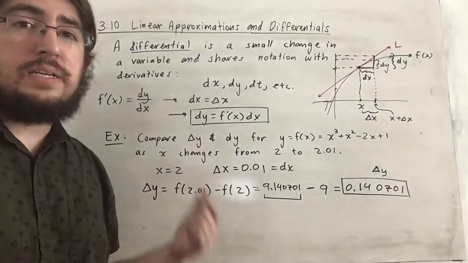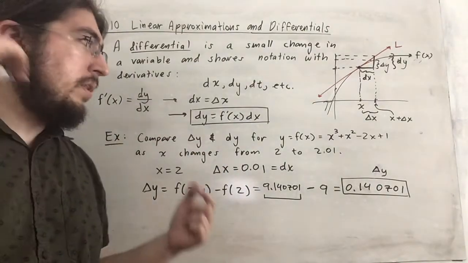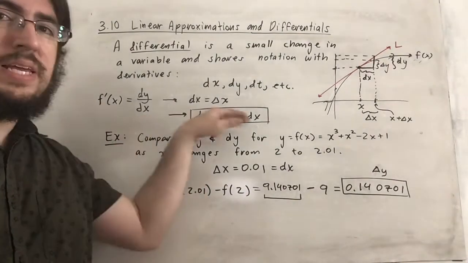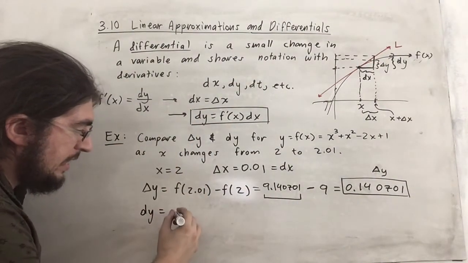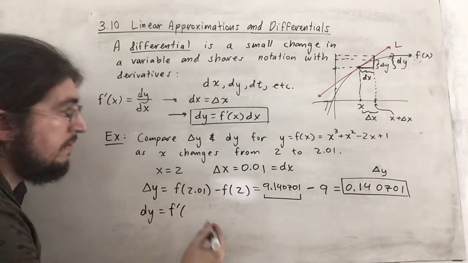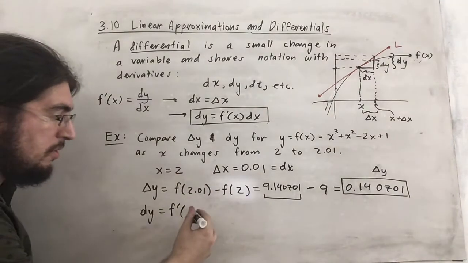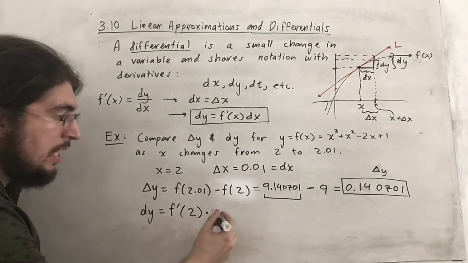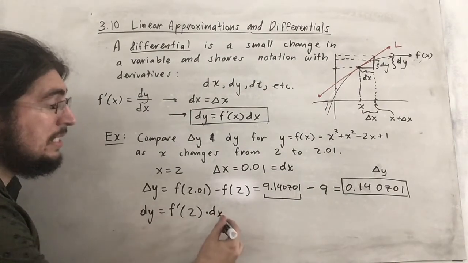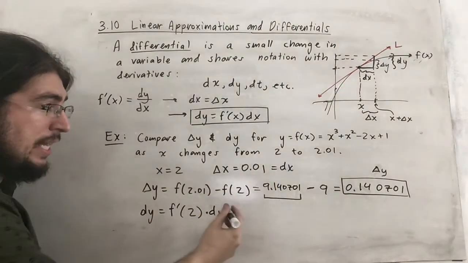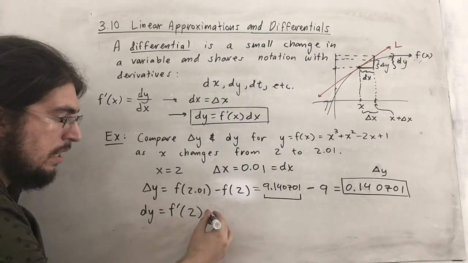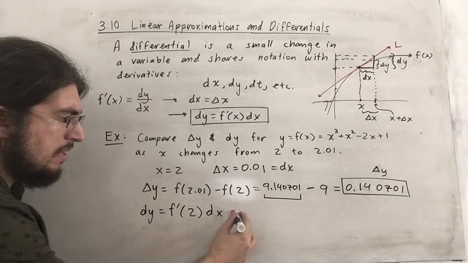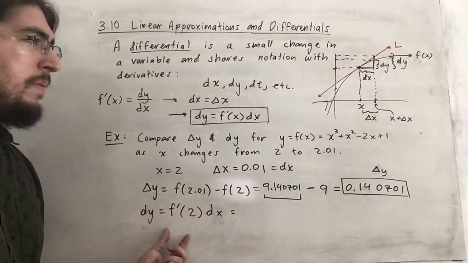So now we need to find dy. dy is going to be a little easier to find because we have this. dy, on the other hand, is f prime of x. x is 2, so it's f prime of 2 times dx. We know dx is equal to delta x, which is 0.01. Now f prime of 2.